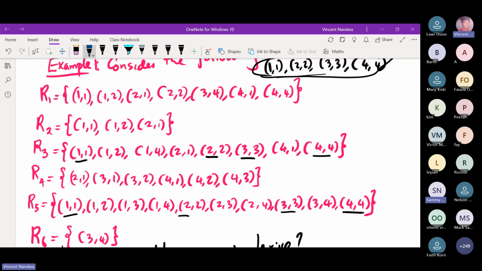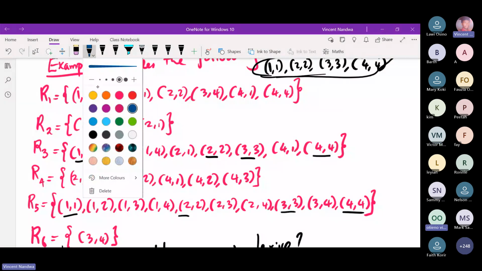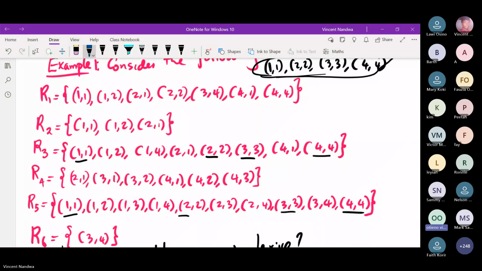Who can tell us, in simple terms, if we want to do the classification as symmetric, what should we look for from the definition?